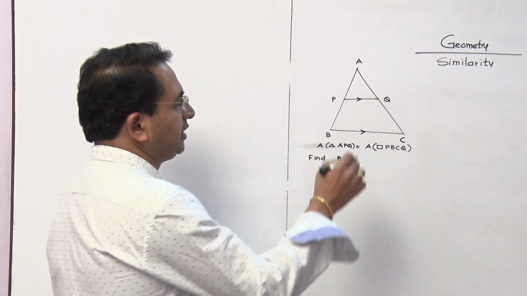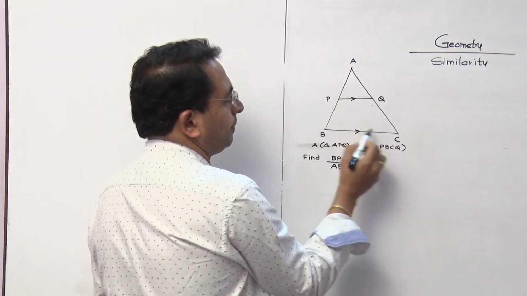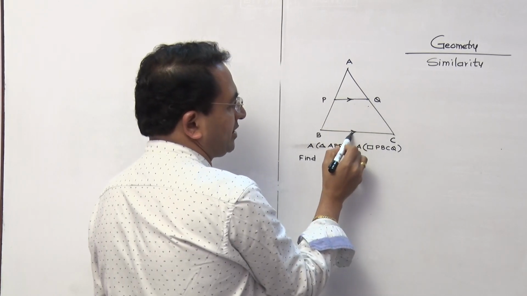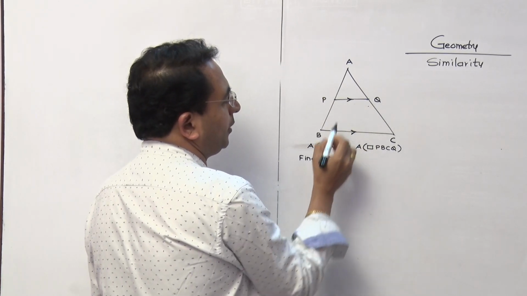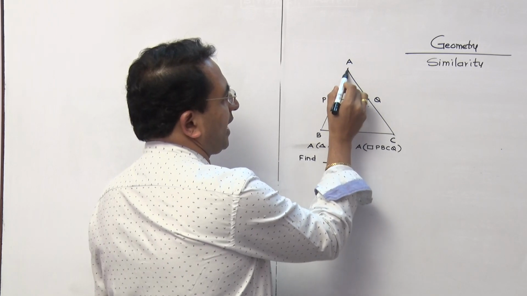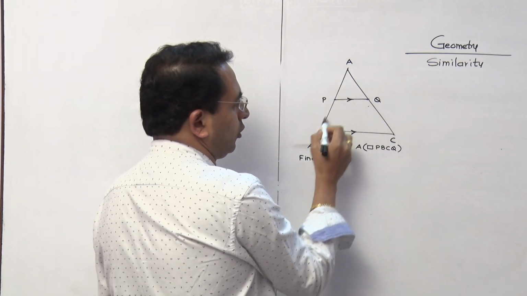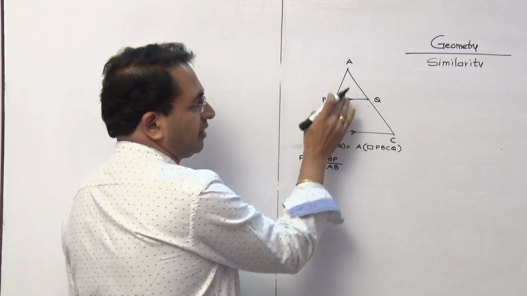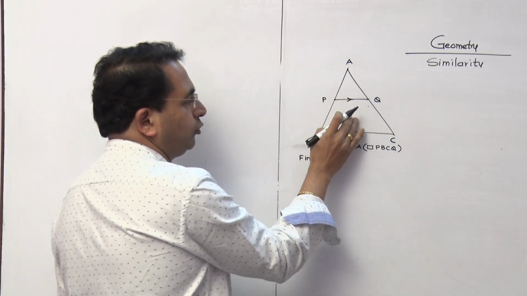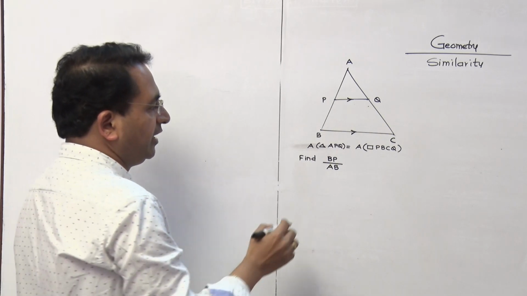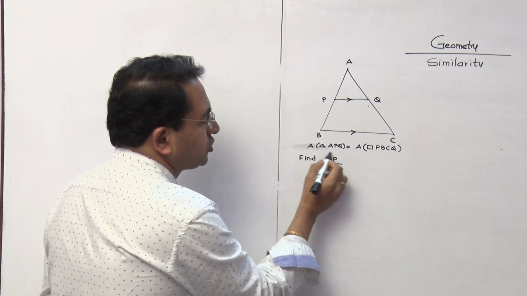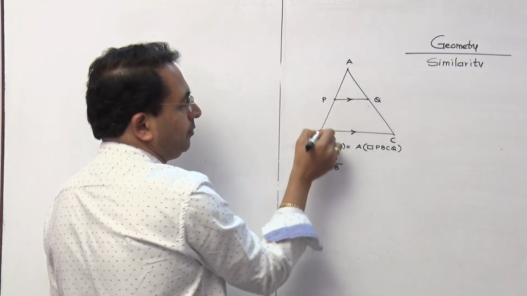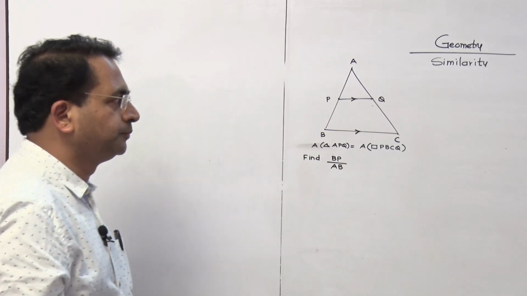Now what they have given: in this triangle ABC, this line is drawn parallel to the base in such a way that the upper triangle APQ and the quadrilateral have the same area. For example, this is 20, then this is also going to be 20. And then they have asked you the ratio BP upon AB.